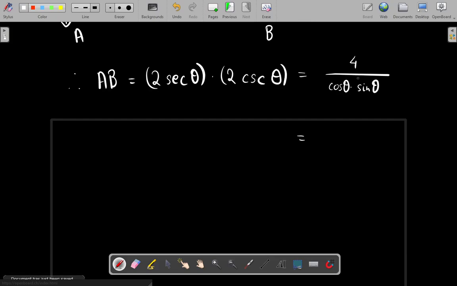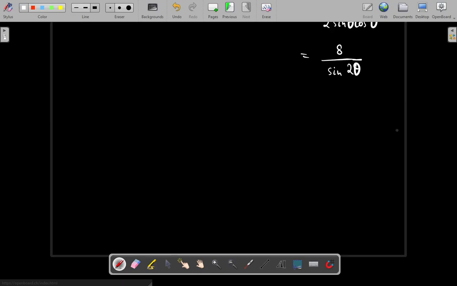If we multiply both numerator and denominator by 2, this becomes 8 upon 2 sin theta cos theta. So this becomes 8 by sine 2 theta, which you can also rewrite as 8 cosec 2 theta. So this is the required answer.